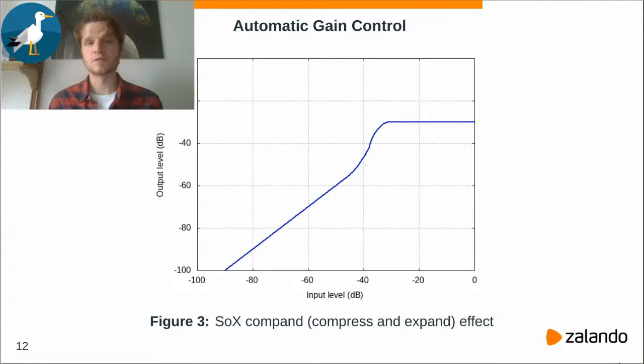We transform them one to one without any changes. And afterwards, approximately at 35, I believe, we are getting flat-lined. What does it mean? It means that all sounds that are higher than that are going to be pulled a little bit down, and all the sounds lower than that are going to be boosted a little bit to make the overall listening experience much nicer. And overall, it makes quite a lot of difference at the end.